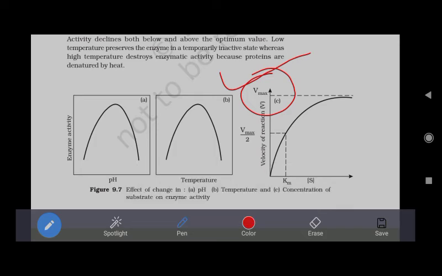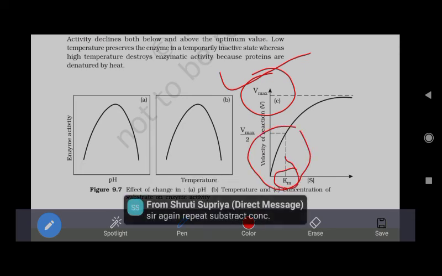Yes, Km is the Michaelis constant. Okay, Shubham, actually, Km is the substrate concentration at which the velocity of the reaction reaches half of the maximum velocity, that is, half of the Vmax. Okay, Shruti, I repeat once again.